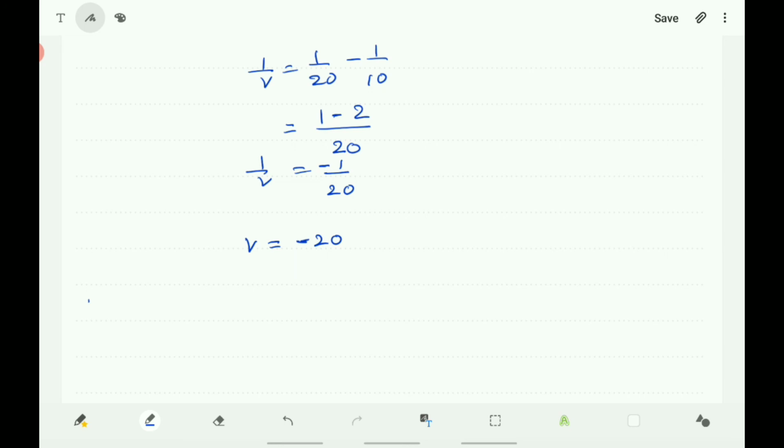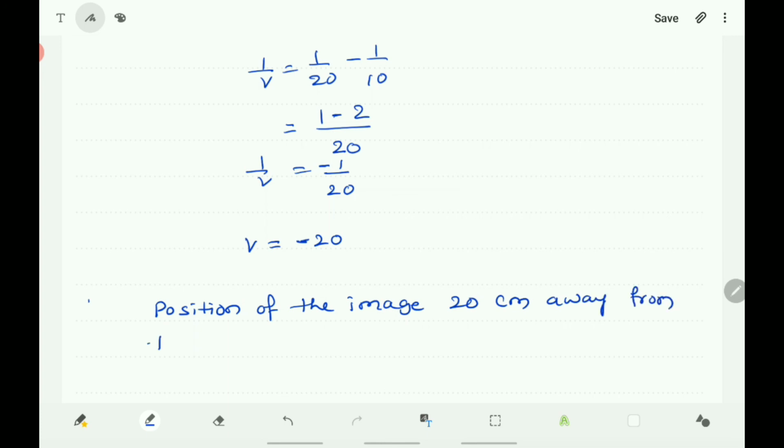So you write position of the image: 20 centimeter away from the mirror in front of it.